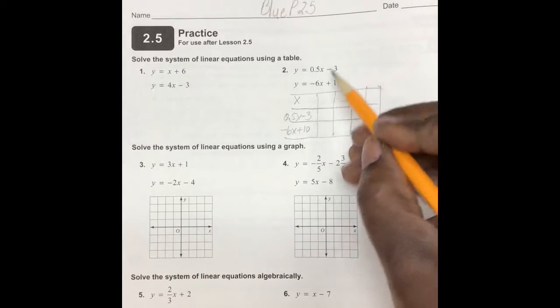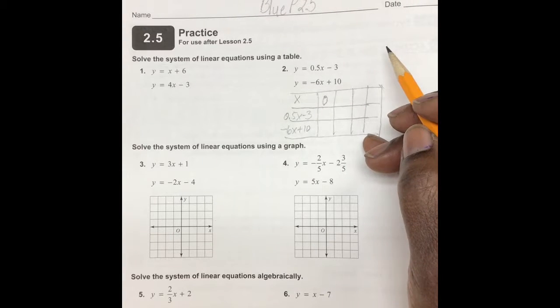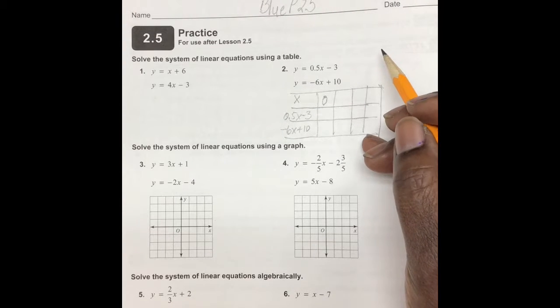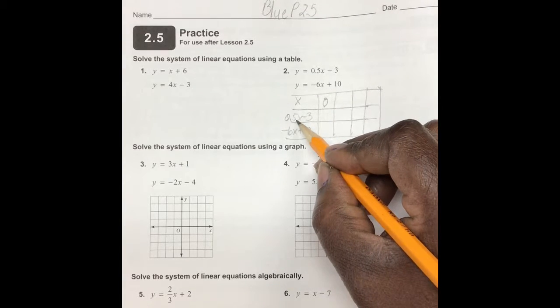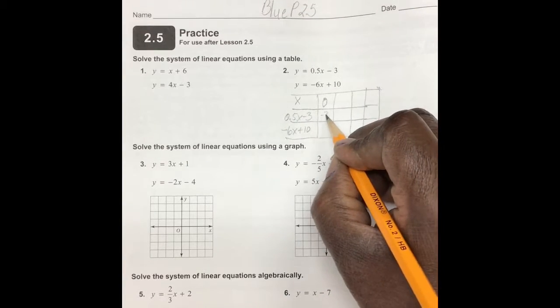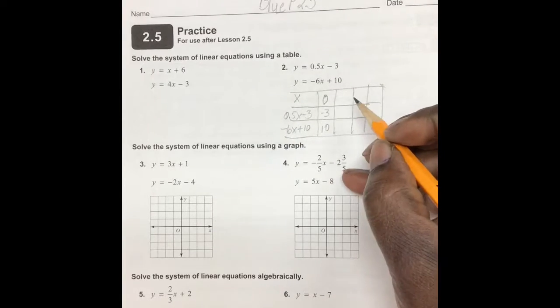All right, usually we start with 0. That gives us an indication of where we want to go. So if we plug in 0 for x here, our answer would be -3. We plug in 0 here, our answer is 10, okay?